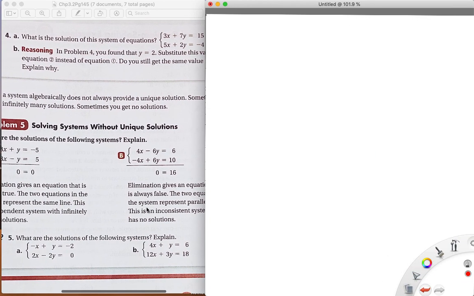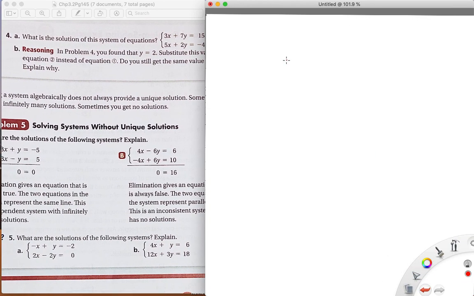When you do the elimination method, you might come across two unique situations. So let's talk about those unique situations. Here for 5a, we have negative x plus y equals negative 2, and then 2x minus 2y equals 0.